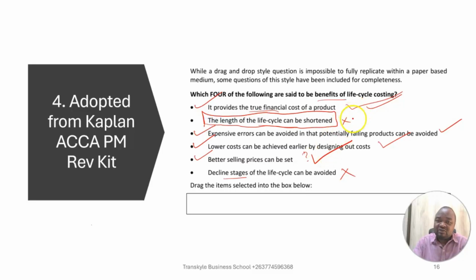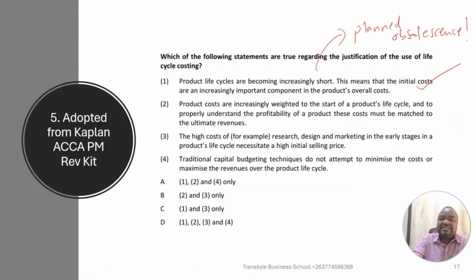But this statement is simply saying that it is generally understood that these days product life cycles are shorter. So it is important to factor in the earlier costs of the product so that they can be spread throughout the life of the product.